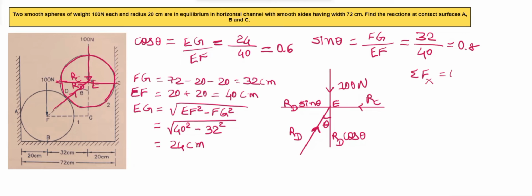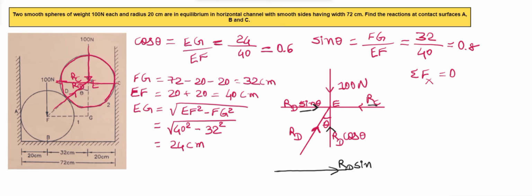Firstly, we'll be writing the horizontal forces, which is sigma x is equal to 0. Rd sin theta and Rc are the horizontal forces. For this sign convention, I'm just drawing another diagram for your better understanding.